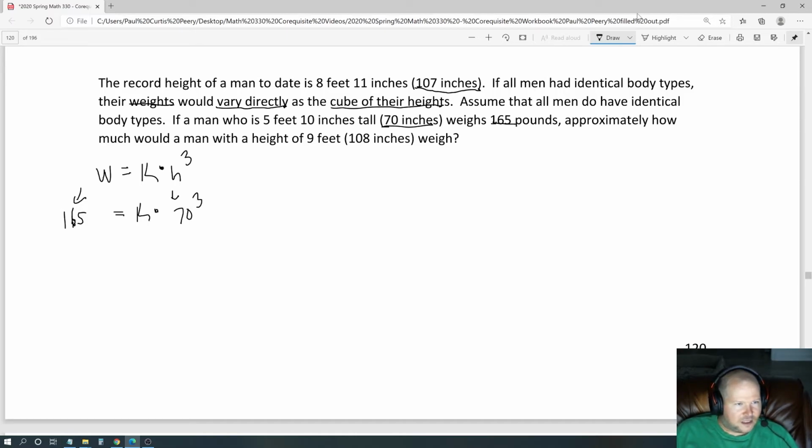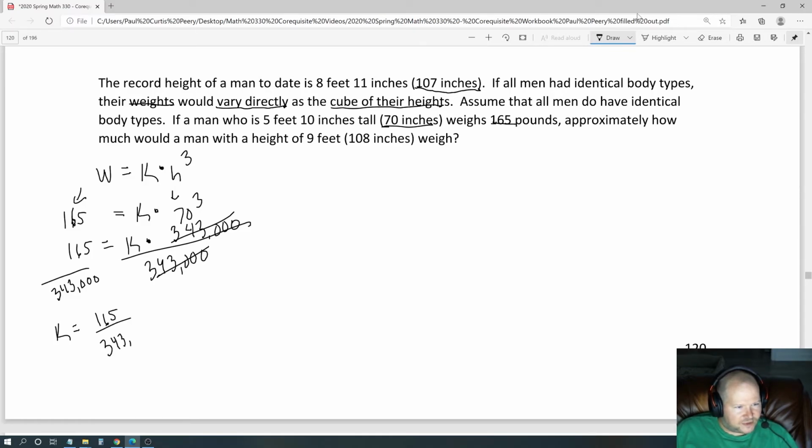Okay, excellent. So we say 165 is equal to K times 343,000. And then we divide both sides by 343,000. Whatever I do to one side, I do to the other. These cancel out, and then we end up with K. So K is equal to 165 over 343,000.